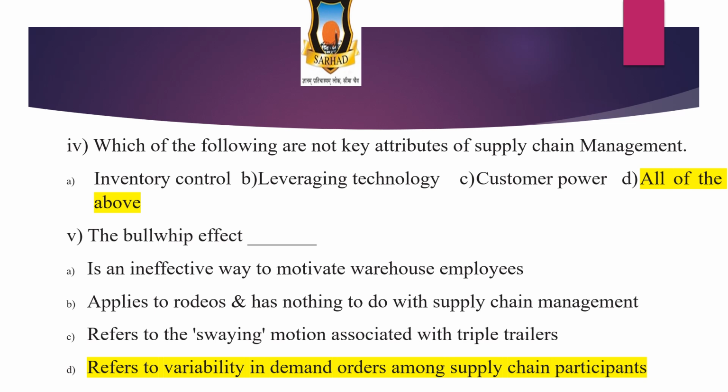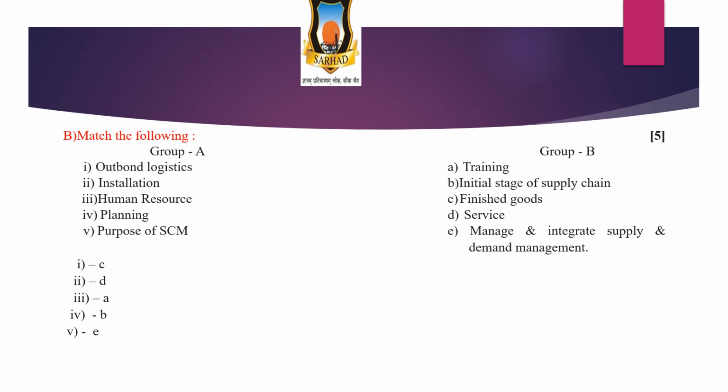The correct option is: refers to variability in demand orders among supply chain participants, because from the retailer to the supplier, the wholesaler or the producer, everyone is ordering more quantity than the demand. So it shows the variability in demand orders among the supply chain participants.